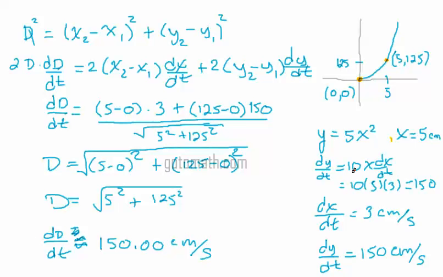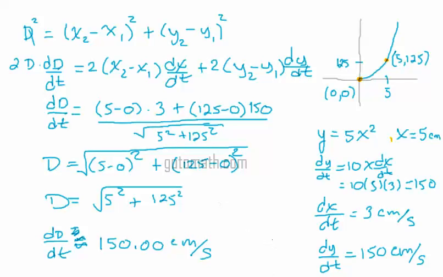You're given some information, and then some things that we need to know, and that is the distance formula, and then taking the derivative of it. There were some things we had to find. We had to find dy dt, and we had to find y up here, which was pretty easy to do. And that was pretty much it.